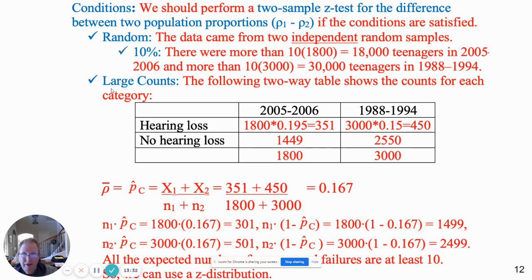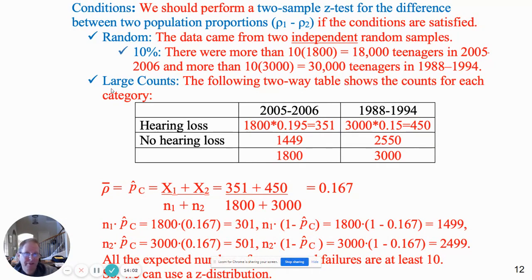Now, the large counts condition. I made a table here because I wanted to actually figure out the counts, because remember, we have to calculate the pooled proportion, and for that I need to know the counts. And counts are always going to be an integer. So I take the first sample size for 2005-2006. I have 1,800 in my sample, and it said that 19.5% show hearing loss.